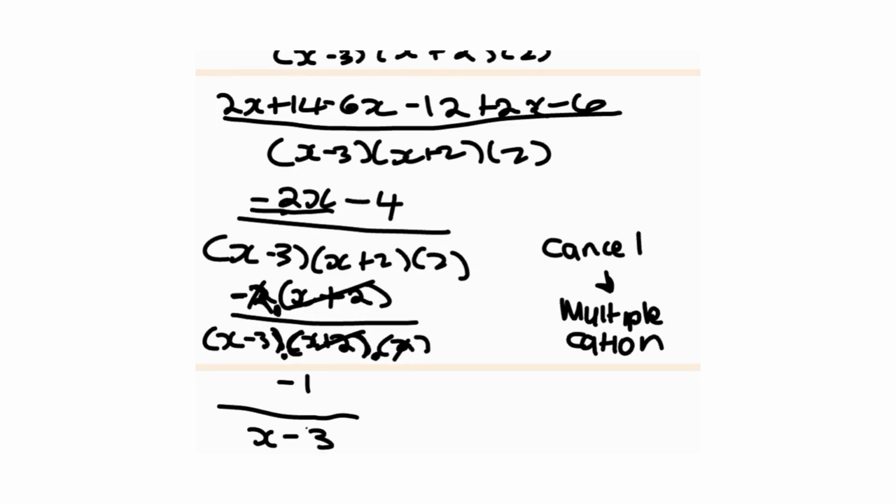So that is what I wanted to highlight, guys. For you to be able to cancel, you must be multiplying. If there was a plus between the negative 2 and the x plus 2, then I wouldn't have been able to cancel out. Or a minus, I wouldn't have been able to cancel out.